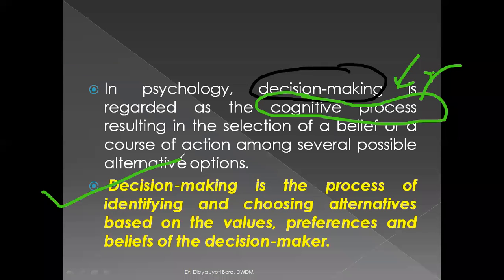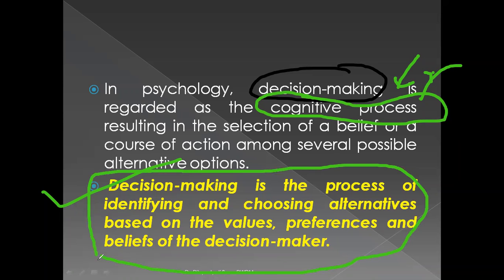So decision making process is the process of identifying and choosing alternatives based on the values, preferences, and beliefs of the decision maker. As you are busy now, you will be able to understand this sentence in depth when you read it more seriously.